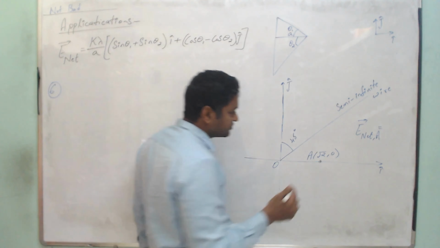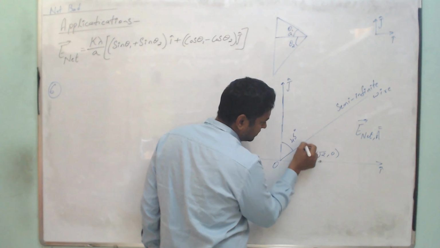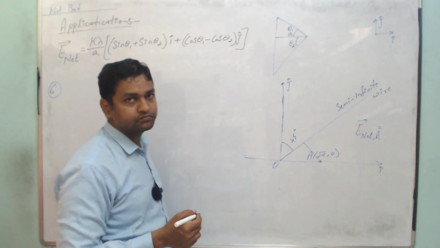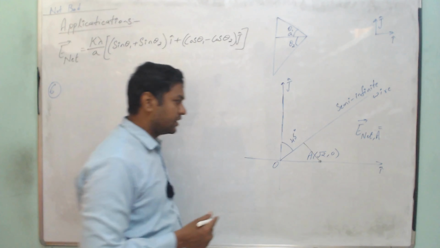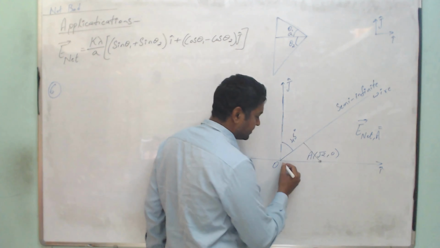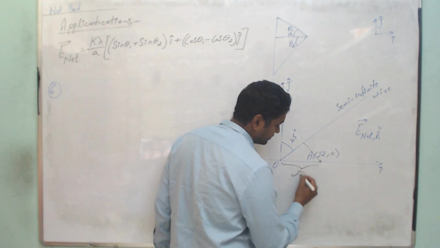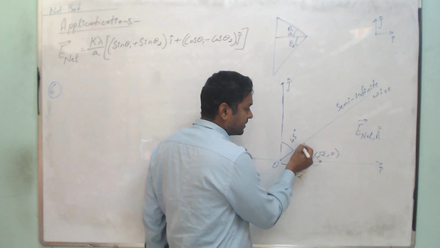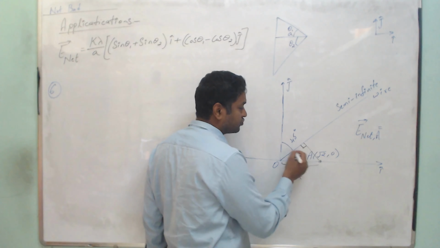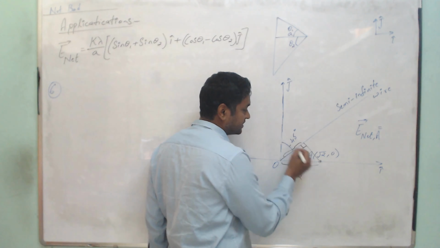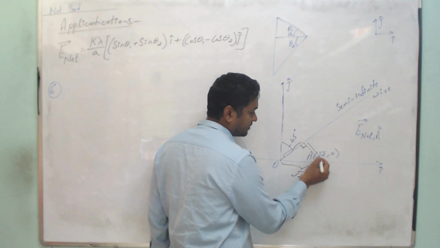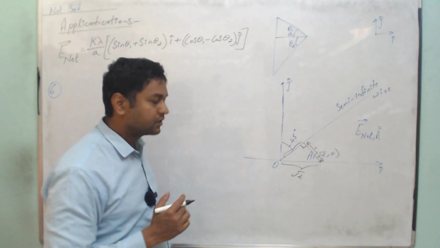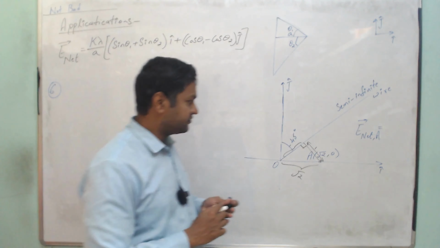So if I draw a perpendicular line, I have a right angle triangle. And in this question, I have given (root 2, 0), so that this becomes root 2. In a right angle triangle, the hypotenuse is root 2, which implies that this length is 1 and this length is also 1. You're getting my point?